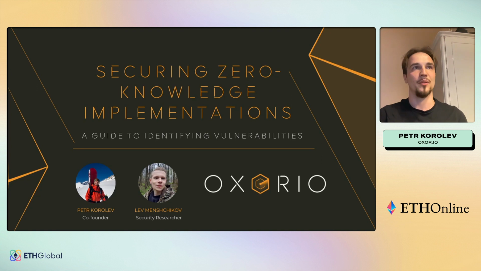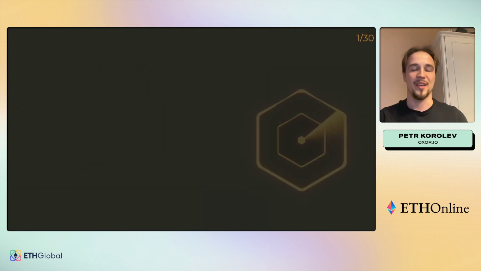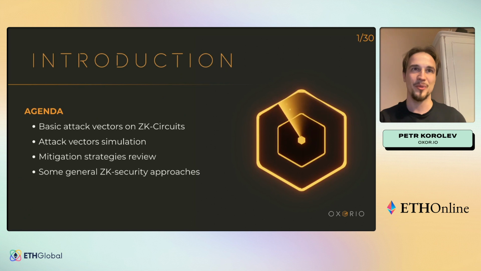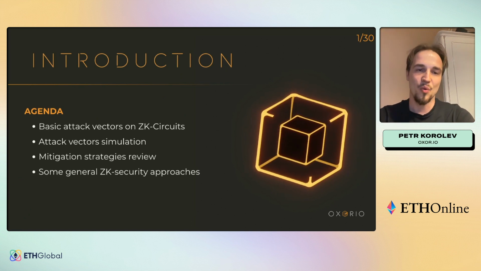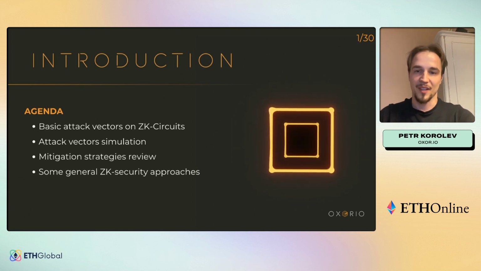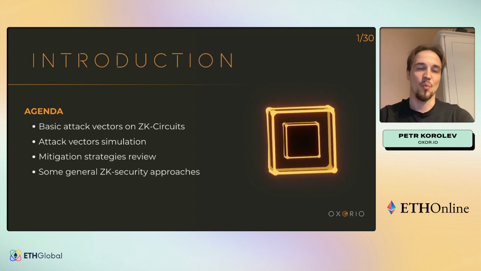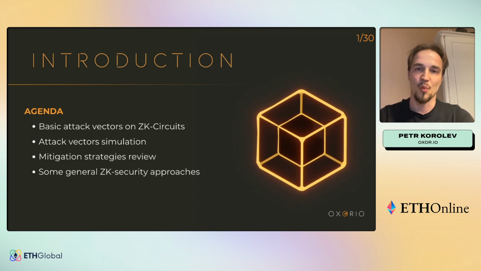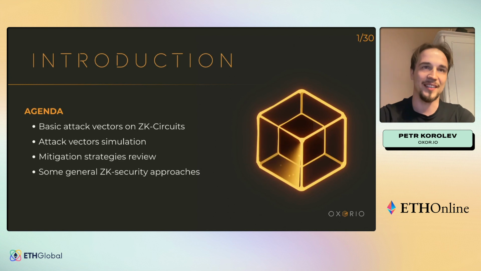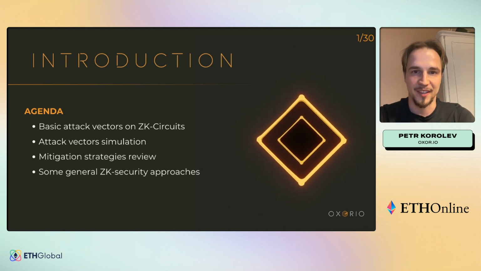All of them are working on ZK, and this is where so many typical mistakes people are always repeating with their code. We are here to help you understand how we can mitigate these things, what the basic things are, and how we can protect your code from attacks.